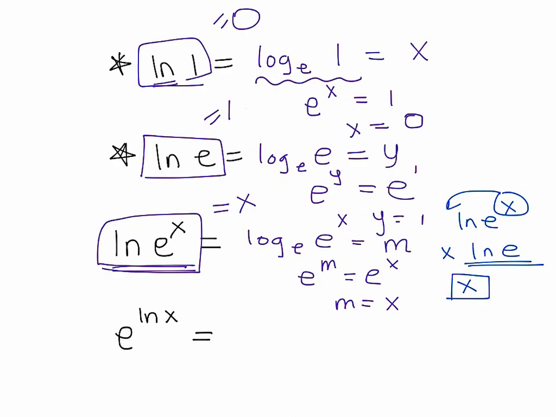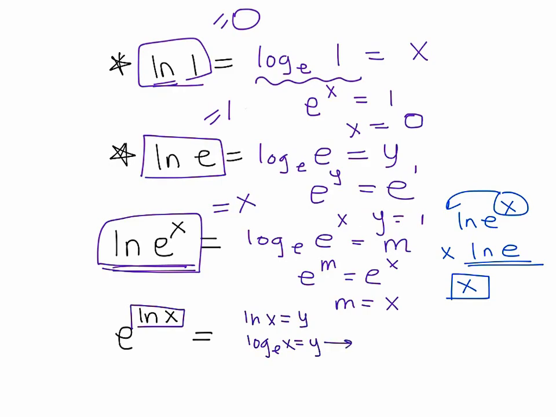Last one, we have e raised to the ln of x. If we let ln of x be y, so ln of x is equal to y, then we can rewrite this in exponential form. ln means log base e of x is equal to y.